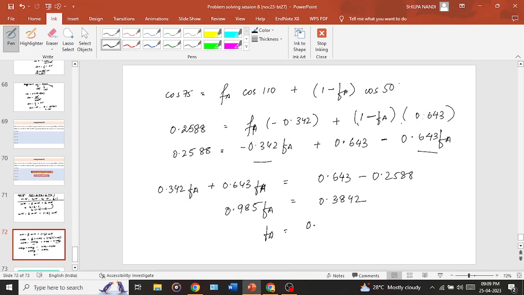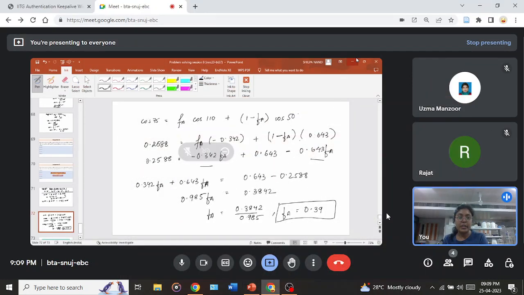Fa is equal to 0.3842 divided by 0.985. How much did you get? Can you just verify? So we'll get Fa as 0.39. So fraction of A is 0.39.